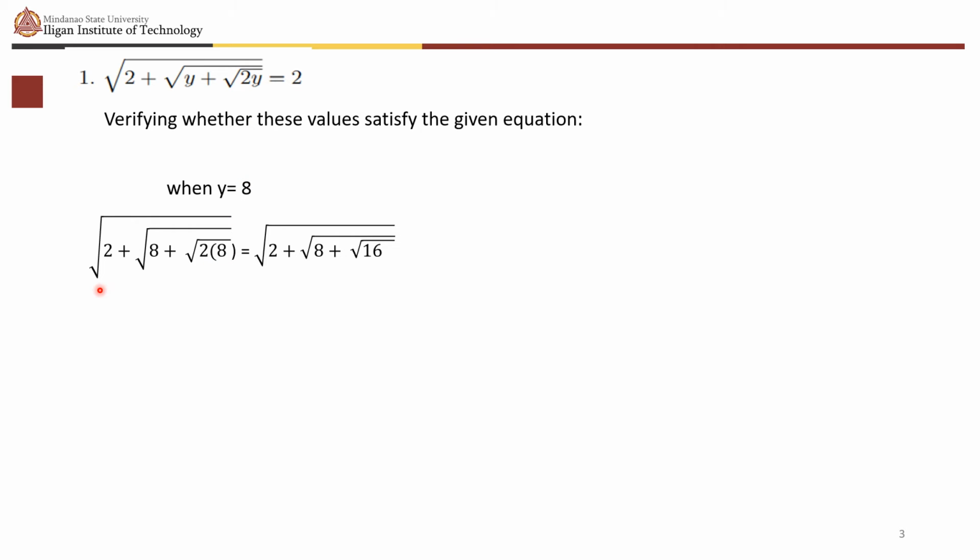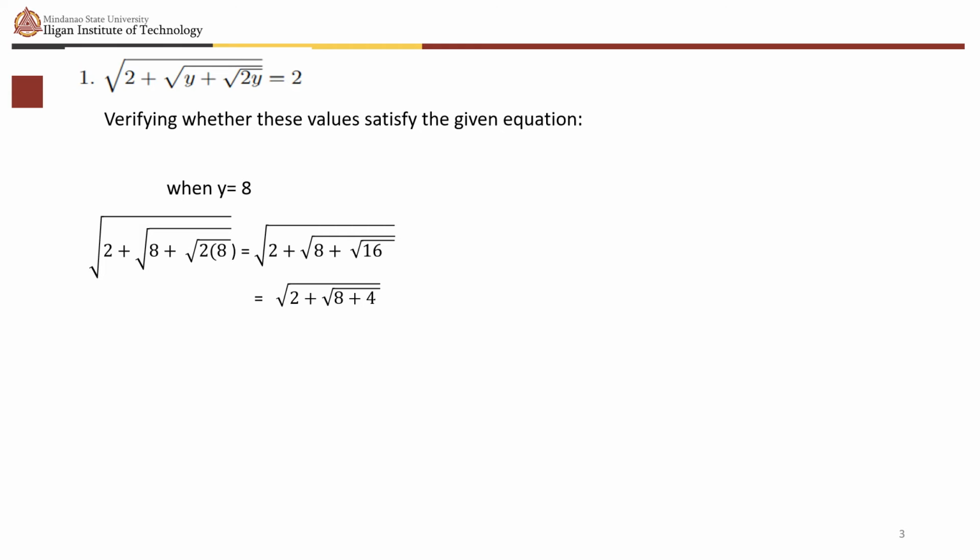So you have square root of 2 plus square root of 8 plus square root of 2 times 8, which will give us square root of 2 plus square root of 8 plus 2 times 8 is 16 there. And the square root of 16 is 4, so that we now have square root of 2 plus square root of 8 plus 4. But square root of 8 plus 4 here is equal to square root of 12.